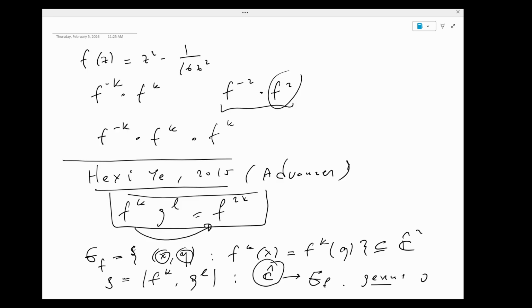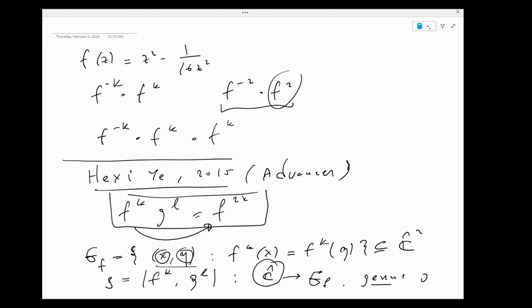So this GF splits into some irreducible components. And of course, there's one trivial component, which is the diagonal. And this has bidegree 1, genus 0, everything is okay. But then there are some other components, and they may not have bidegree 1. So bidegree 1 would roughly correspond to a Möbius transformation.